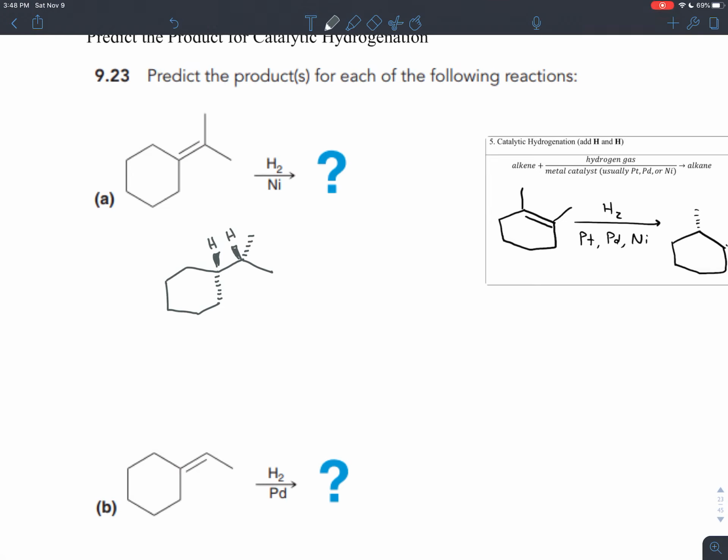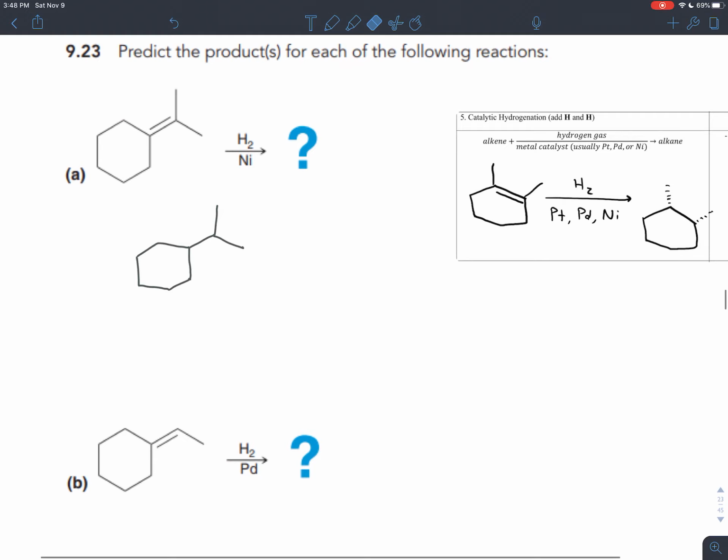So for each of these you would want two bonds in the plane, one coming out of the plane, and one coming toward you. But because you don't have any chiral centers here, you don't have to indicate the stereochemistry, and it's enough to just erase the pi bond. The hydrogens that you add are implied.